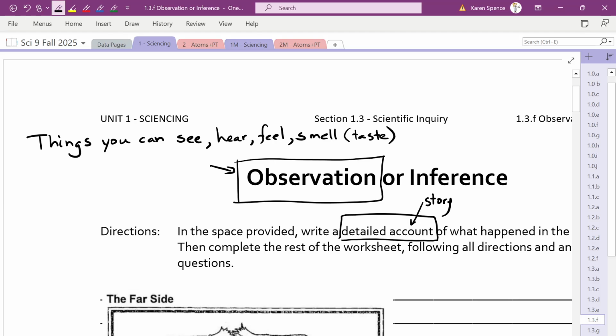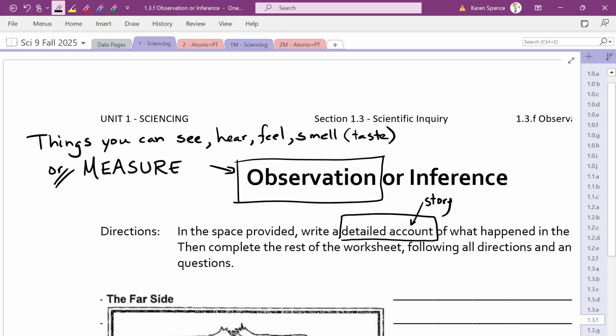I mean, heck, if you were making an observation about the sugar in your kitchen, you could taste that sugar. Yes? So sometimes it's okay to taste, but not in the science lab. Or measure. So those are observations.